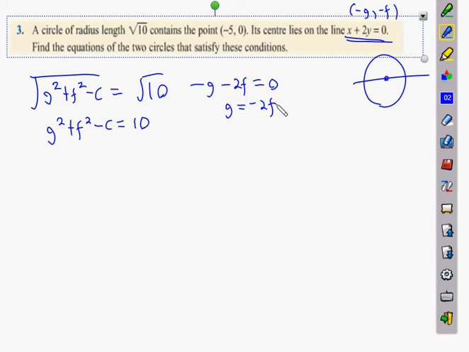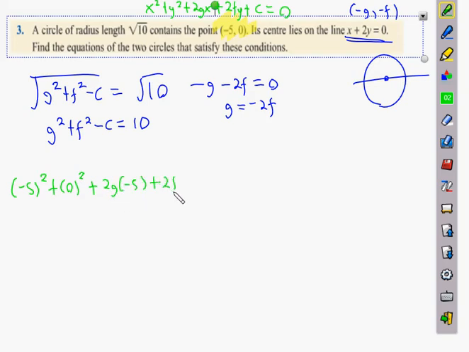The third one: it contains this point here. So if you use x squared plus y squared plus 2gx plus 2fy plus c equals 0, what you're going to get is (-5) squared plus 0 squared plus 2g times -5 plus 2f times 0 plus c equals 0.